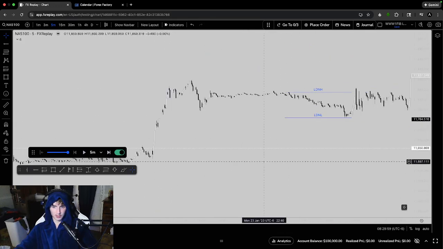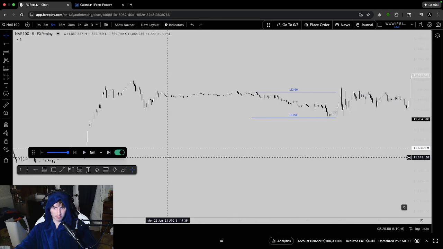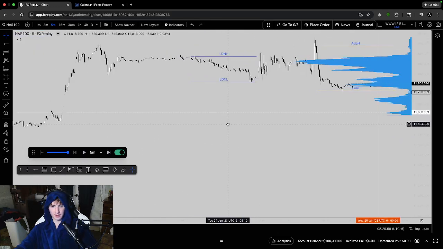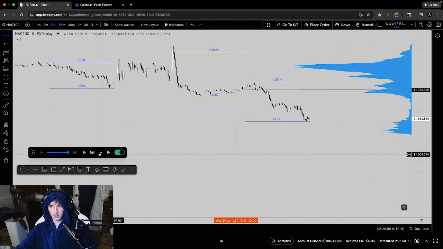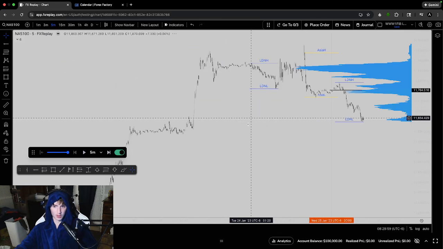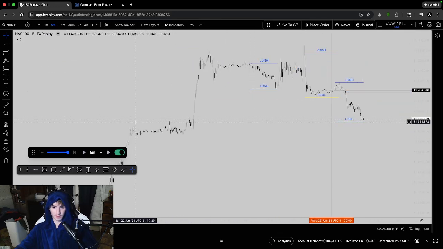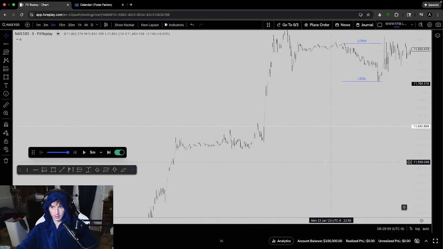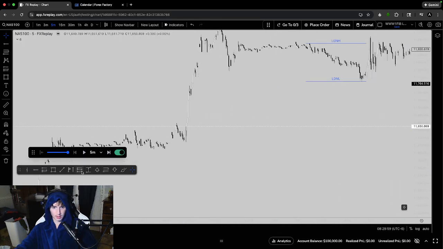We're at the bottom of this range right here, and there's a very tiny 5-minute gap. I don't know if that counts. It's right at that white line, which is right where we're sitting right now. We also have this level of support right here that price has been tapped into. We'll just mark out this whole thing.